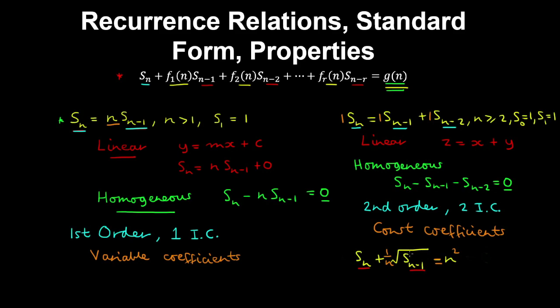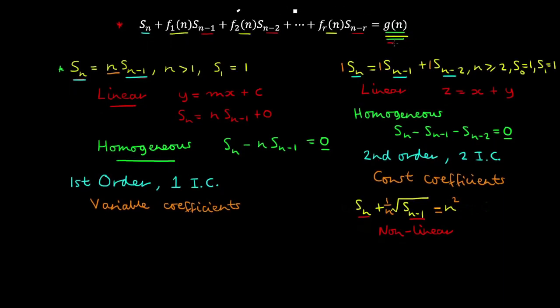So this recurrence relation is non-linear, and g of n is not 0, so it's also non-homogeneous. But the current term, Sn, depends on one previous term, so it's still first order, and thereby requires only one initial condition. And here you can see that this coefficient is a variable. So this recurrence relation has variable coefficients.